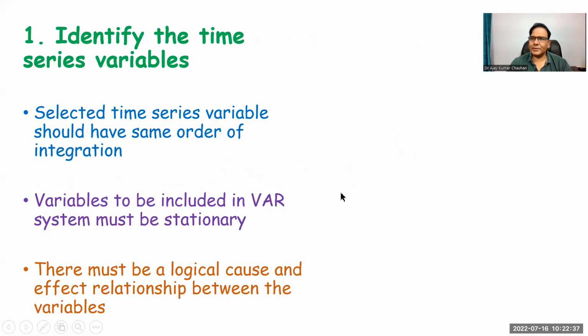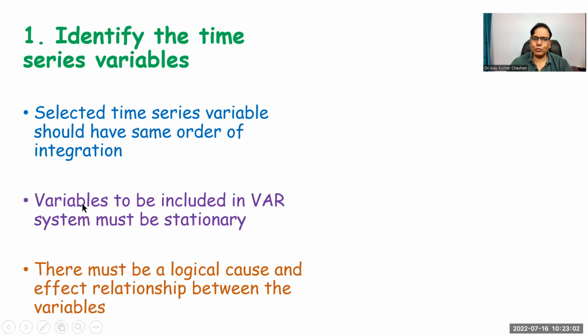The first step is to identify the time series variables. Normally we have 3 or more than 3 variables in the vector auto-regression model. So first you need to identify. The selected time series variables should have the same order of integration, as we discussed.